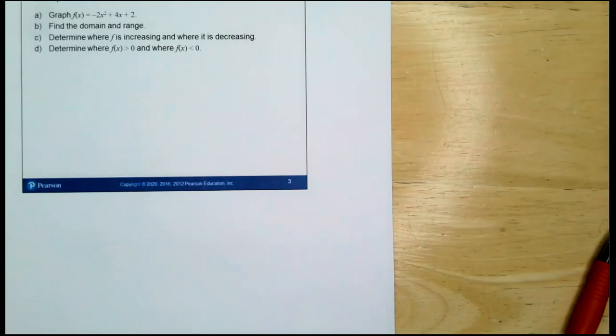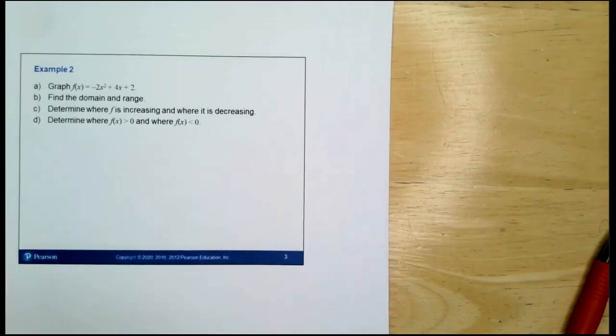Example 2 just again asks us to graph the function, and then we're going to find the domain and range. So in order to graph the function, we need to find the vertex and whether it's concave up or concave down, and the y-intercept, okay?